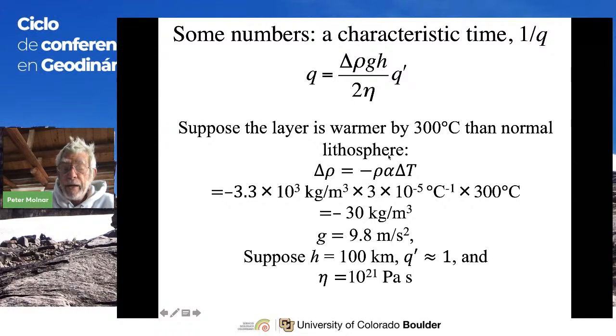Gravity is 9.8, and let's let the thickness be 100 kilometers, h 100 kilometers. Let's just let Q prime be approximately 1 for the sake of argument. And a viscosity that's not very viscous, it's not as viscous as under a shield, but a viscosity that's reasonable, 10 to the 21 Pascal seconds.